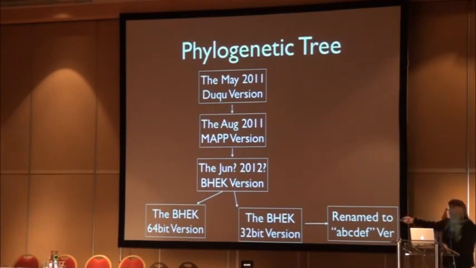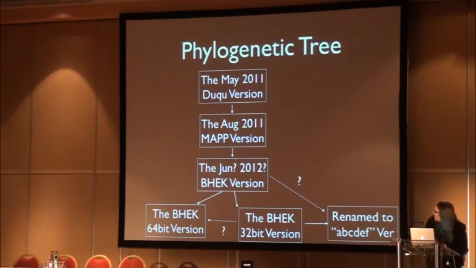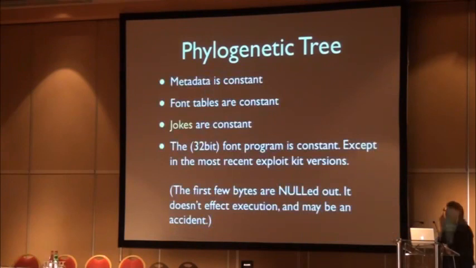Anyway, the other curious thing is there's a 64-bit version, and I don't know where that came from exactly. It looks like it's derived from the 32-bit version, but these are all pretty close. It's hard to tell which direction the arrows go. The 64-bit version is almost identical to the 32-bit version, with a few other small changes, which I have on this slide.